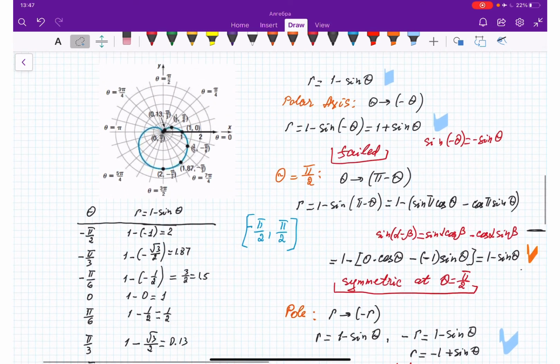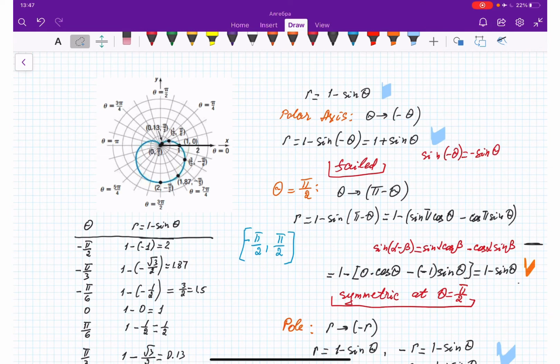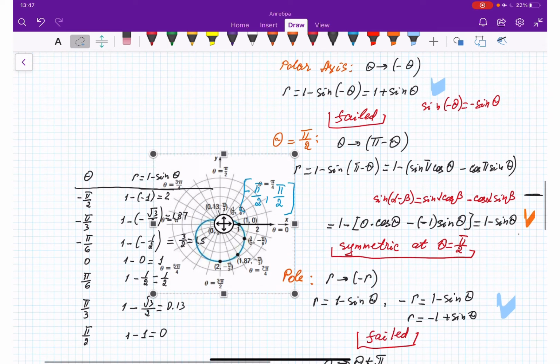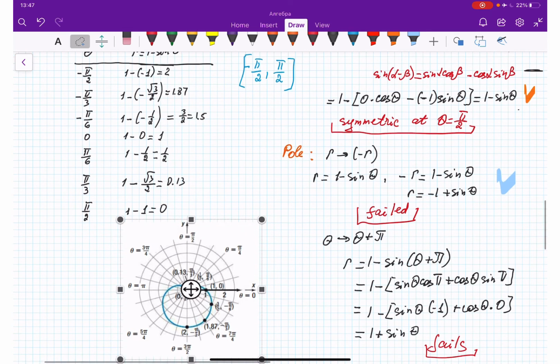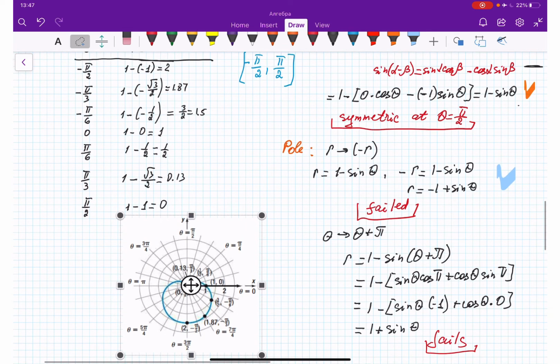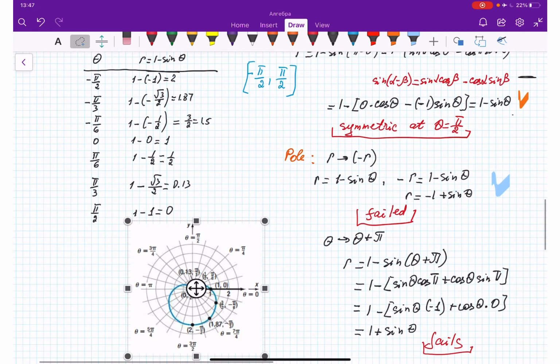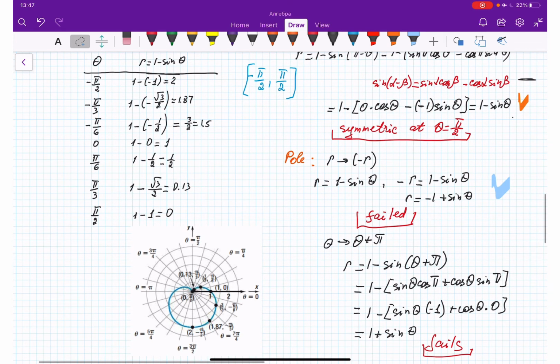And let me move down this graph so we can analyze and use the table and compare. Okay, so let's see what we have here.